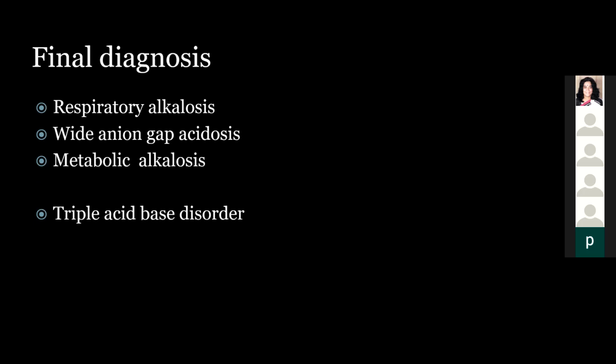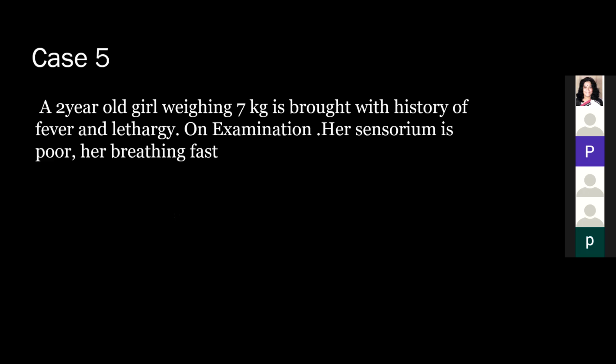So you have these delta ratios, but it is also simpler to just see what is happening, because it helps you understand what has happened behind, by seeing whether the change in anion gap is accounted for fully by the change in bicarbonate gap or it is different. So probably this child could have had vomiting initially, before he started with the respiratory alkalosis and then the sepsis and the wide anion gap acidosis. So that was well done.